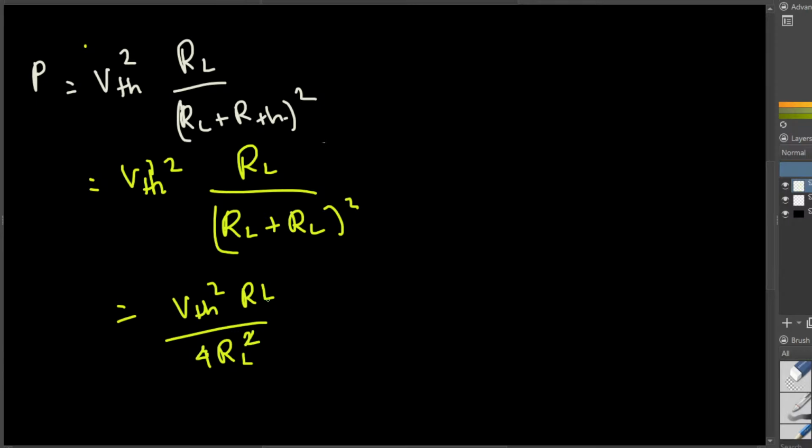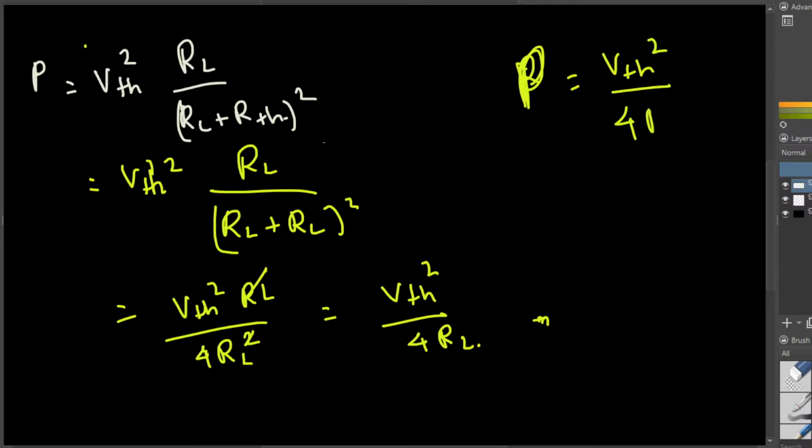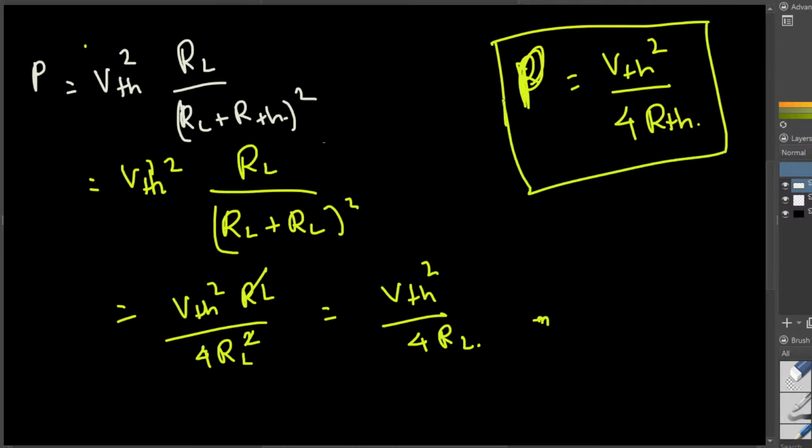One of the powers can be cancelled, and that makes this V Thevenin squared divided by 4RL. You can also write it as power is equal to V Thevenin squared divided by 4 R Thevenin, because RL is equal to R Thevenin. And that's the final derivation for maximum power transfer. This is the equation we have to use.